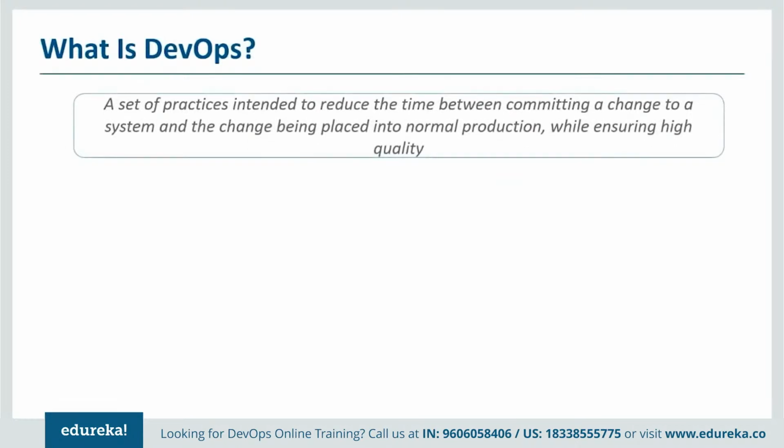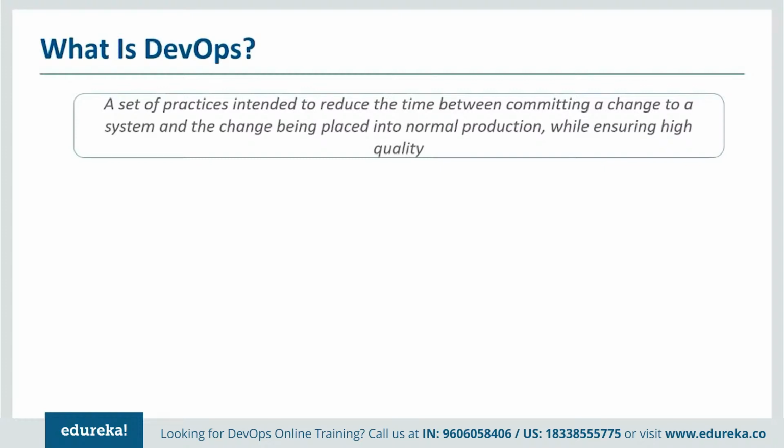All right, so when we say what is DevOps, just from the definition perspective, it's a set of practices intended to reduce the time between committing a change. So let's say you are building an application. If you commit a change, taking it to production is a very long process.